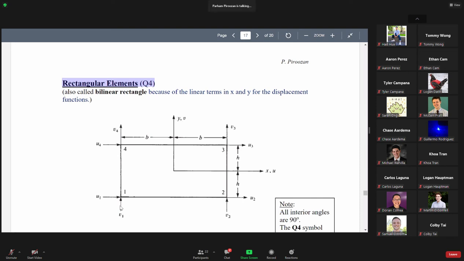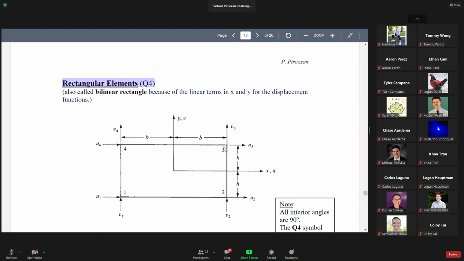Each node has 2 displacements, in the X direction and in the Y direction: U1, V1, U2, V2, and the same for the others. This is a quadrilateral element, more specifically a rectangular element. A quadrilateral element is more general when these angles are not 90 degrees.